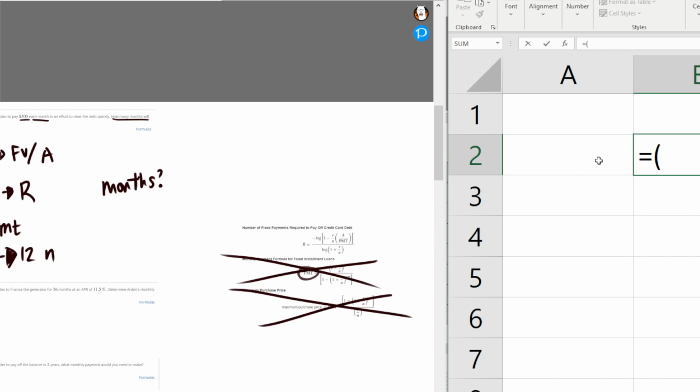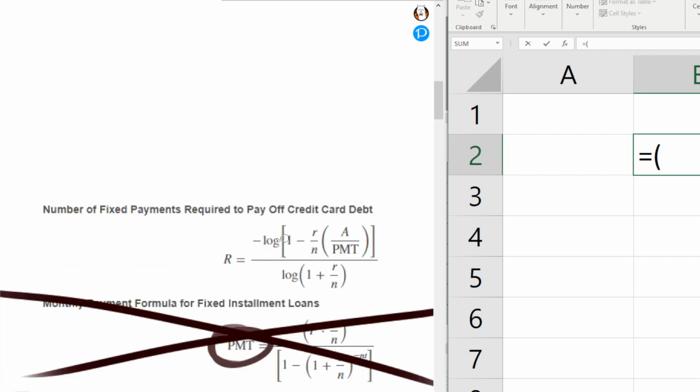You're going to have to do it by hand or by calculator. Since Excel is a calculator, I'll do it in Excel so you can see what I'm doing. First, before I even start, I put a parenthesis over the top. I probably use too many parentheses, but it's important to have an appropriate amount so it doesn't mess the calculation up. Then I type in negative, log, and it gives me the log function in Excel.